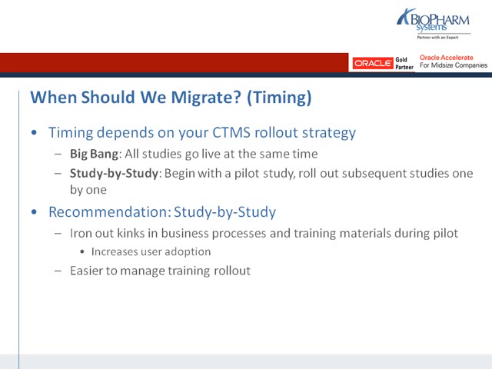But I'll caveat that with, if IT can't temporarily support both the legacy systems as well as the new CTMS together, then Big Bang obviously would make sense. But like I said, everything needs to be aligned accordingly in that type of deployment, and it does introduce its own level of risk.